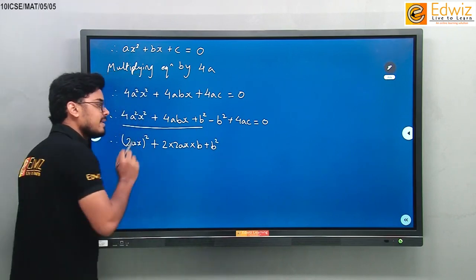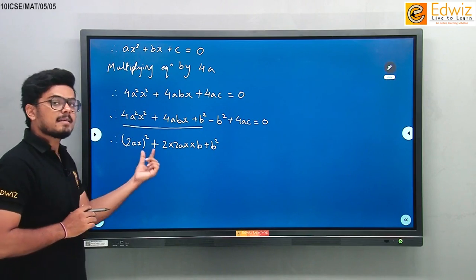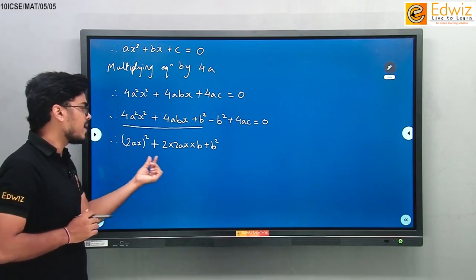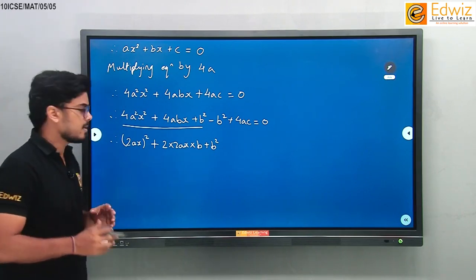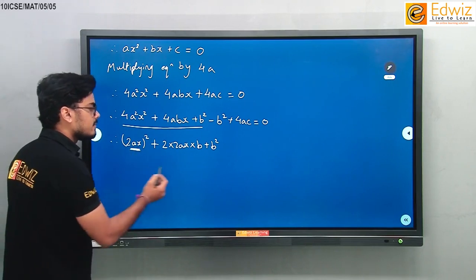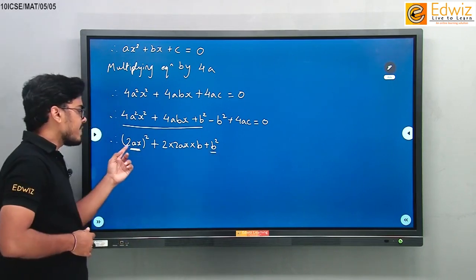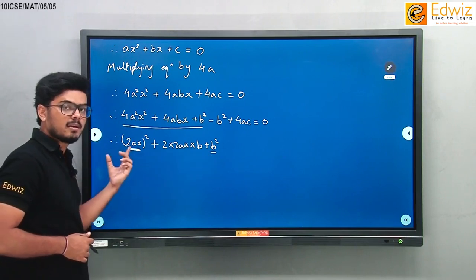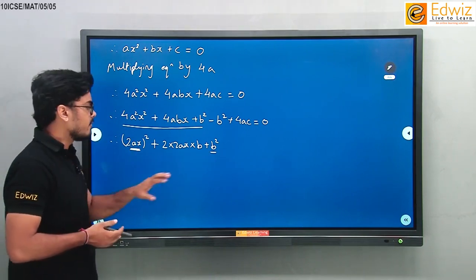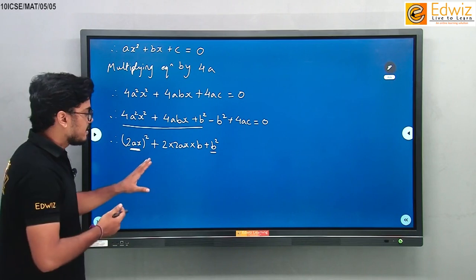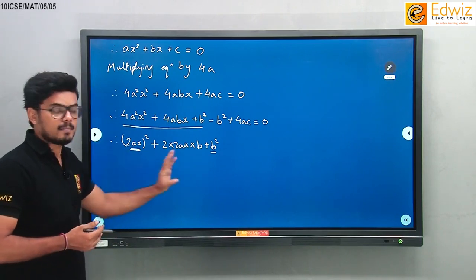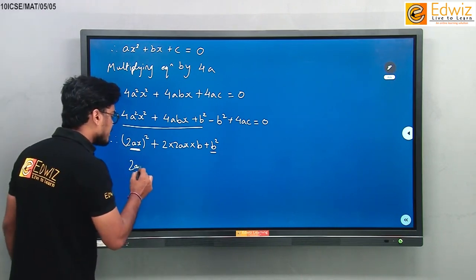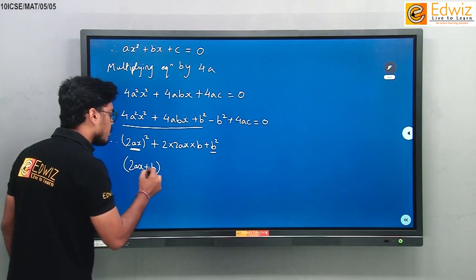The reason I have written it like this is that you can clearly see a pattern here. This is the a plus b the whole square formula. Correct? This is a, this is b. So 2ax plus b the whole square will be the result here. So this entire term can be written as 2ax plus b the whole square.